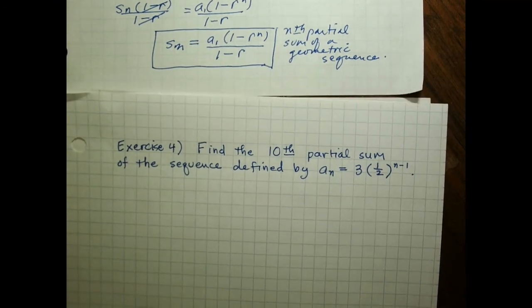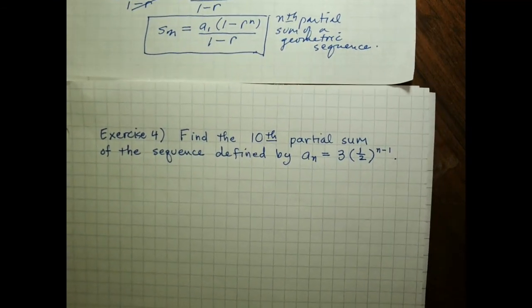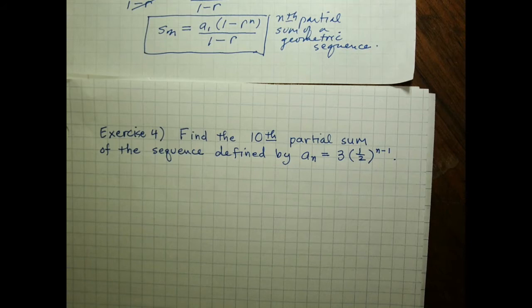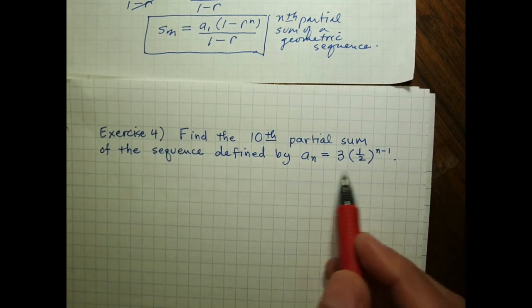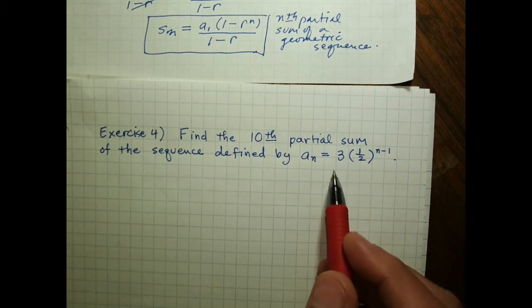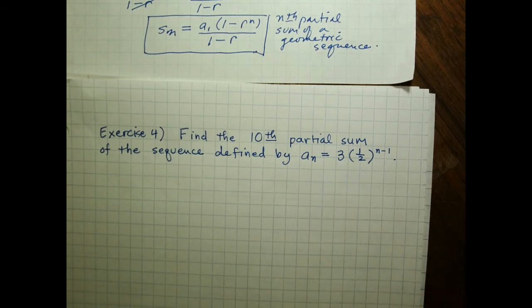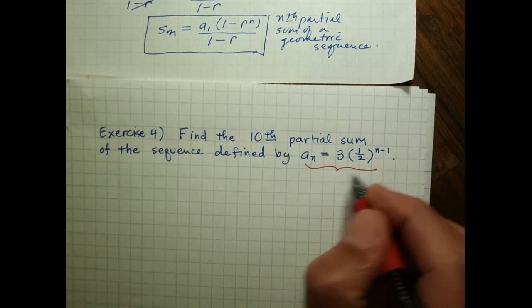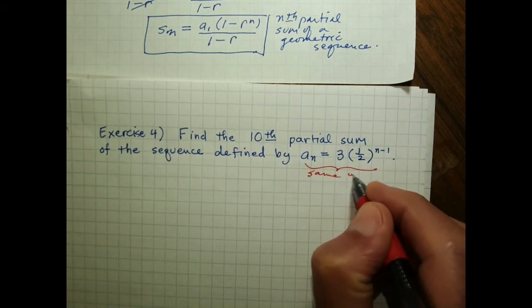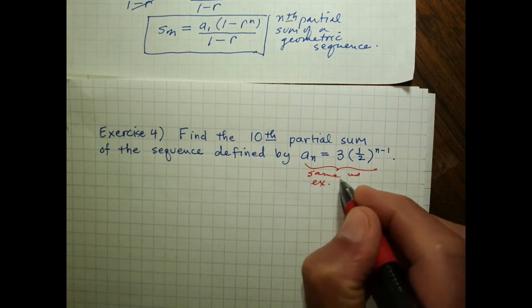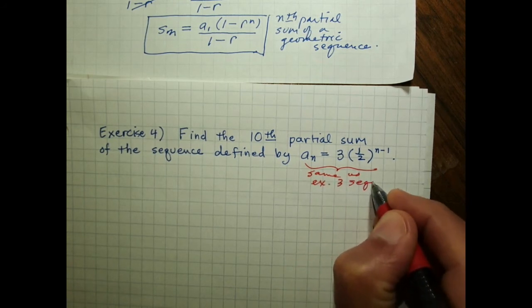And at the top, this is the same example that we just did moments ago at the beginning of this video, right? So we actually figured out the first 4 partial sums by hand, and so this is the same sequence as exercise 3.